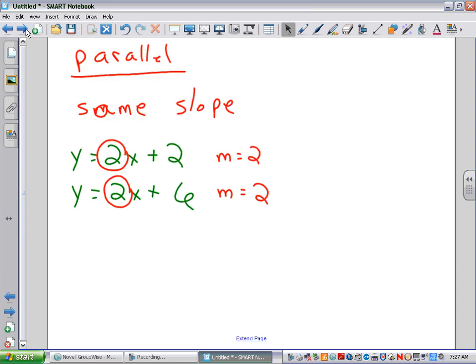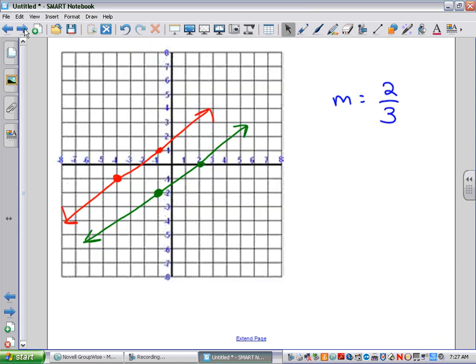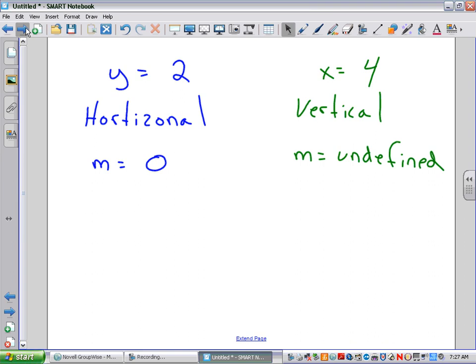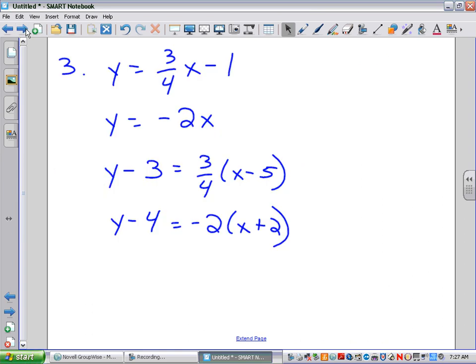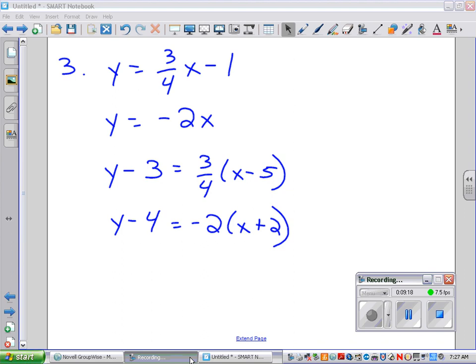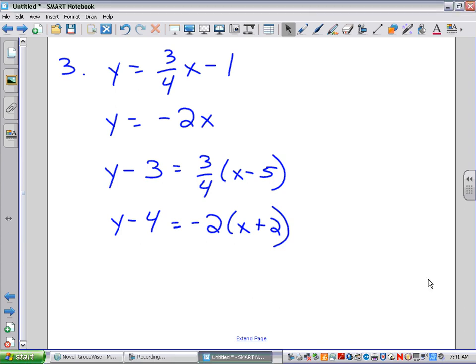Let's do number 3. All right. With number 3 here, same directions. Which of these are parallel? In other words, which of them have the same slope? And I'm now back with a live studio audience here.